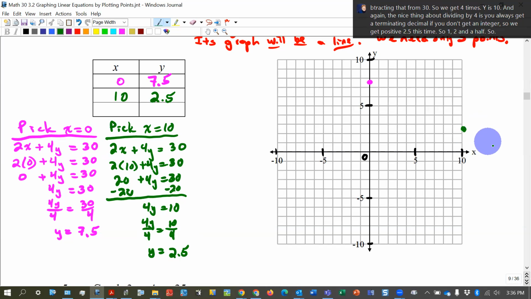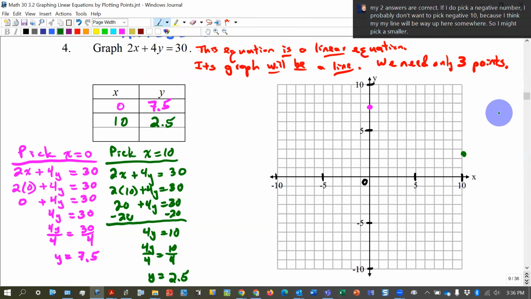So if my two answers are correct, if I do pick a negative number, I probably don't want to pick -10 because I think my line will be way up here somewhere. So I might pick a smaller negative number, a negative number relatively close to 0.